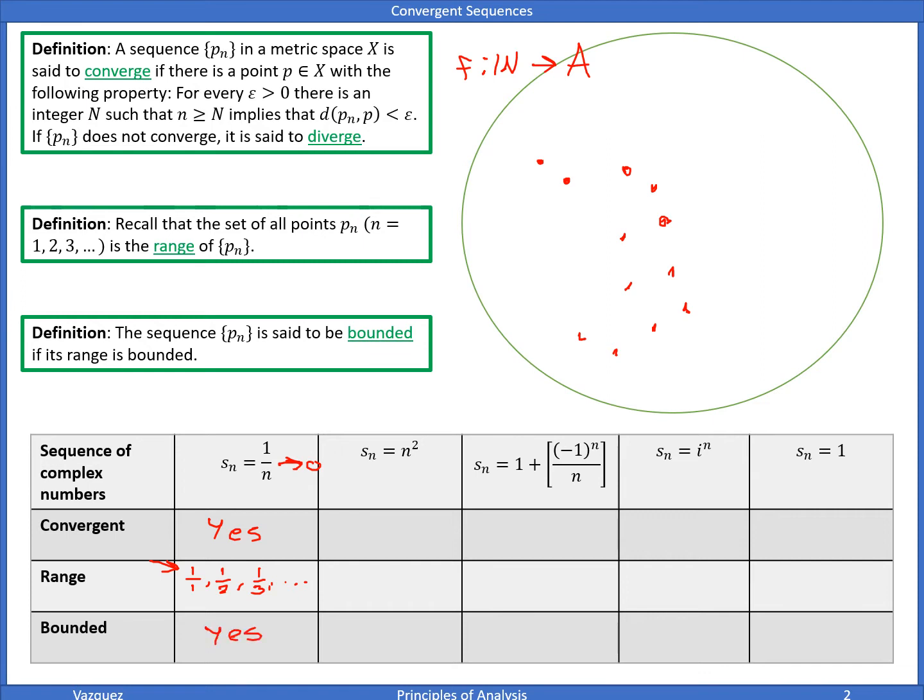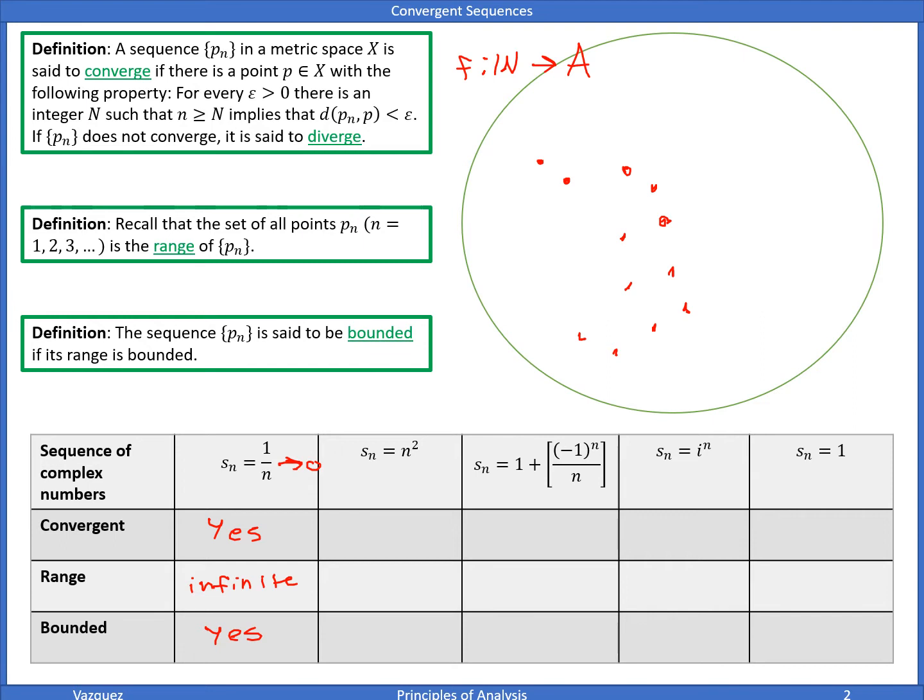So this one is also yes. In this case, instead of just saying what the range is, I'm just going to put whether it's infinite or finite. So this is an infinite range. There are infinitely many numbers in the form of 1 over n, where n is a natural number.